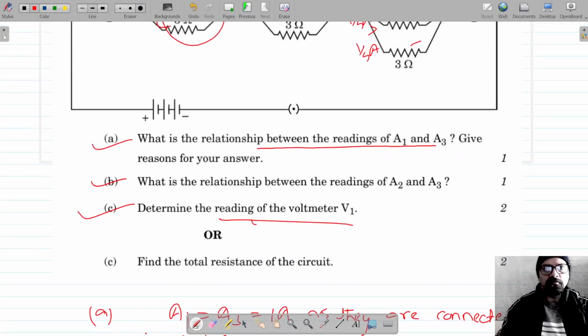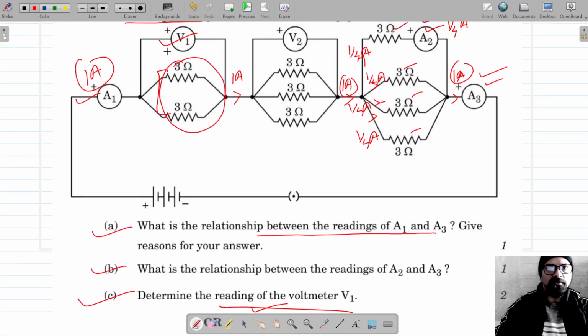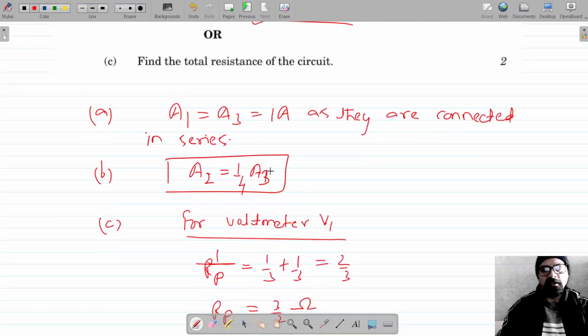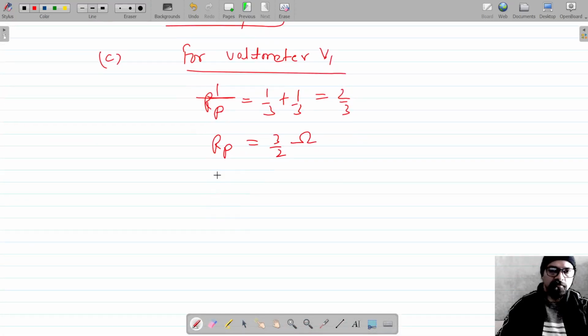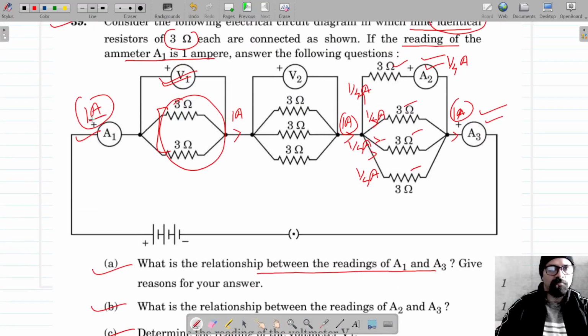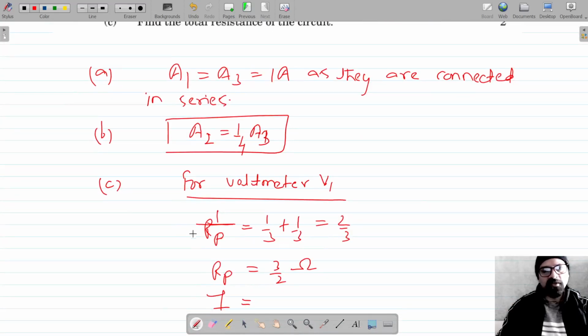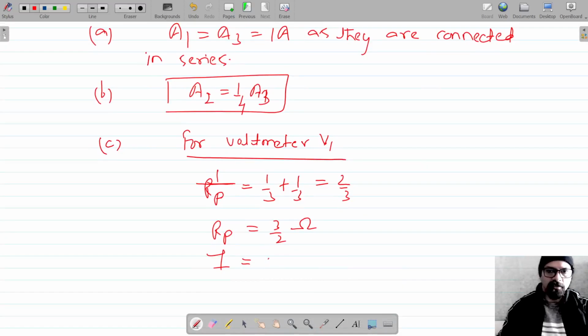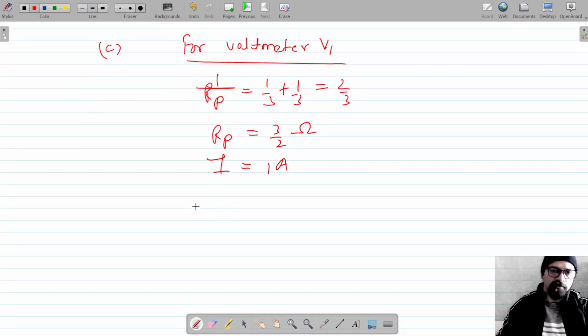And we have to find the reading of voltmeter V1, which means we have to find the potential difference here. So we have Rp and the current. The current is distributed equally, and it comes out to be 1 ampere going through this combination. We know that V is equal to IR.